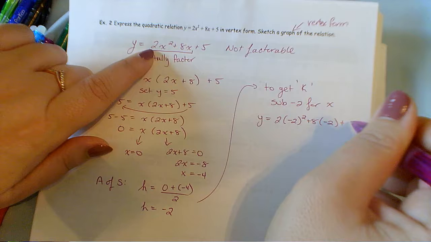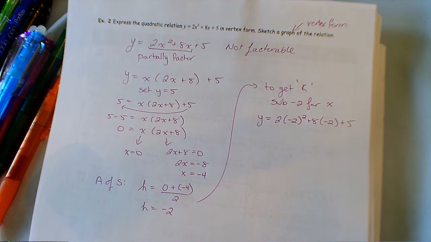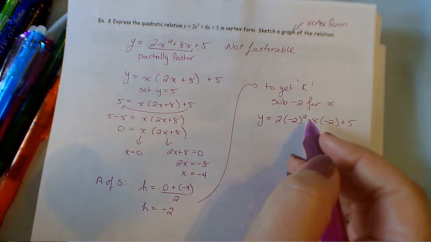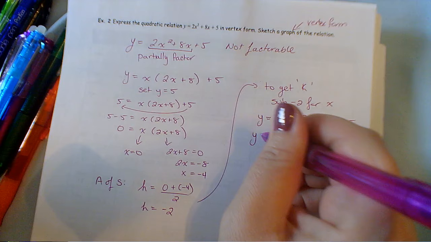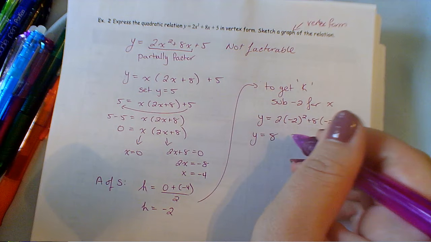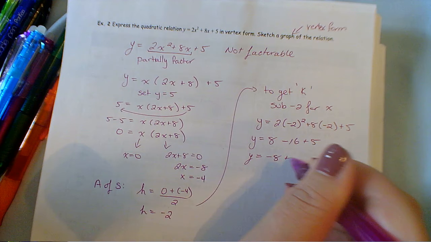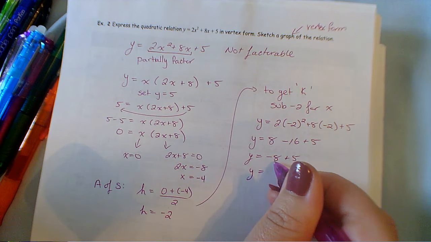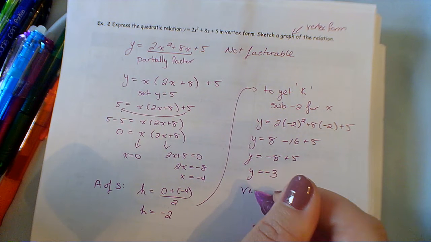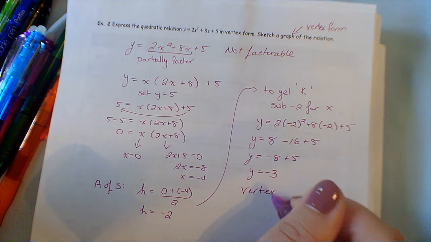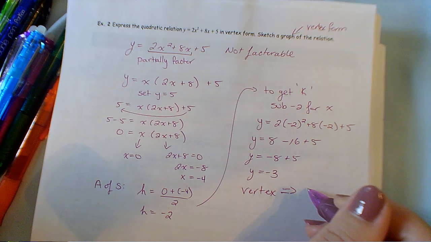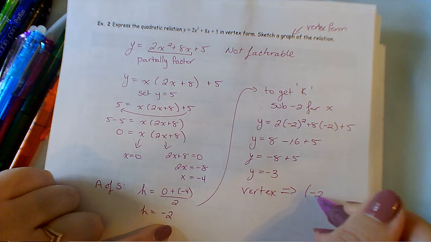So wherever I see the letter x, I now make it a negative 2, just the table of values method, plug it in. Out pops 4, 8, negative 16 plus 5. Again, symmetry in the numbers. Negative 8 plus 5. Look at that. Negative 8 plus 5 is negative 3. So my vertex now is negative 2 on the x, negative 3 on the y.